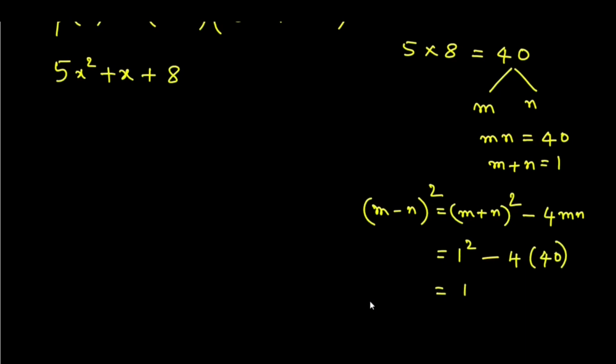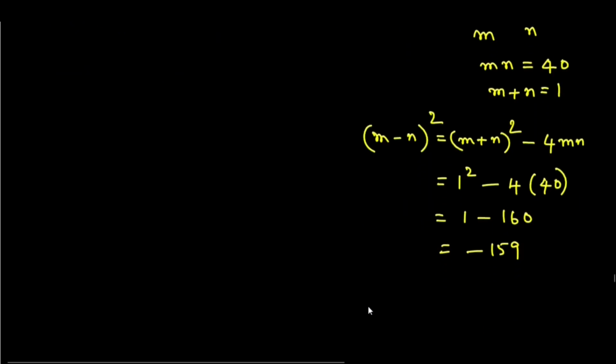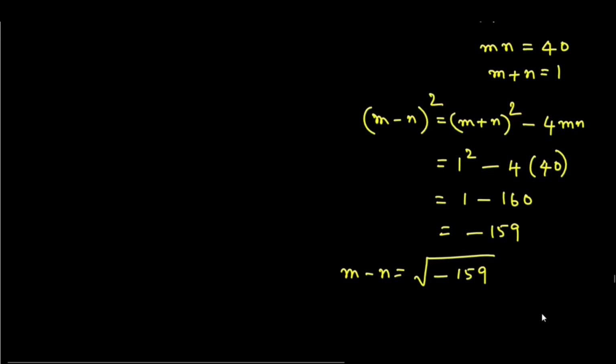This is 1 minus 160. So we are getting minus 159. m minus n is square root of minus 159. So we are going to get a complex root. The roots are not real.